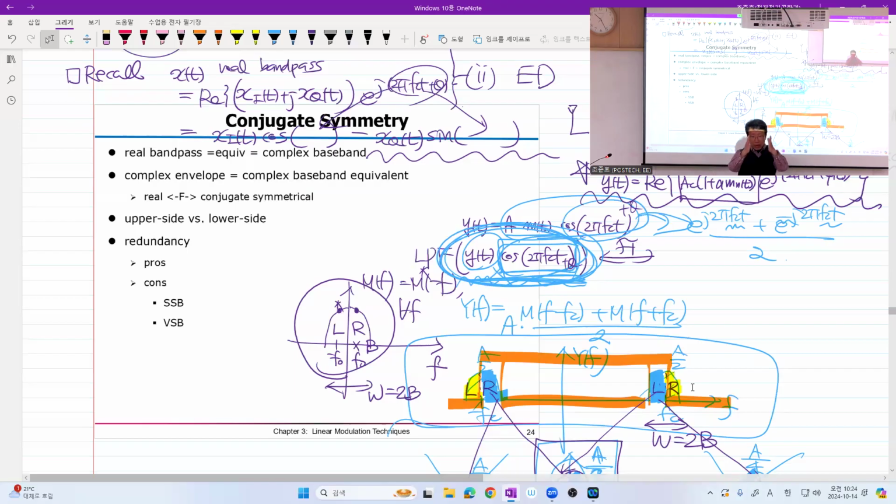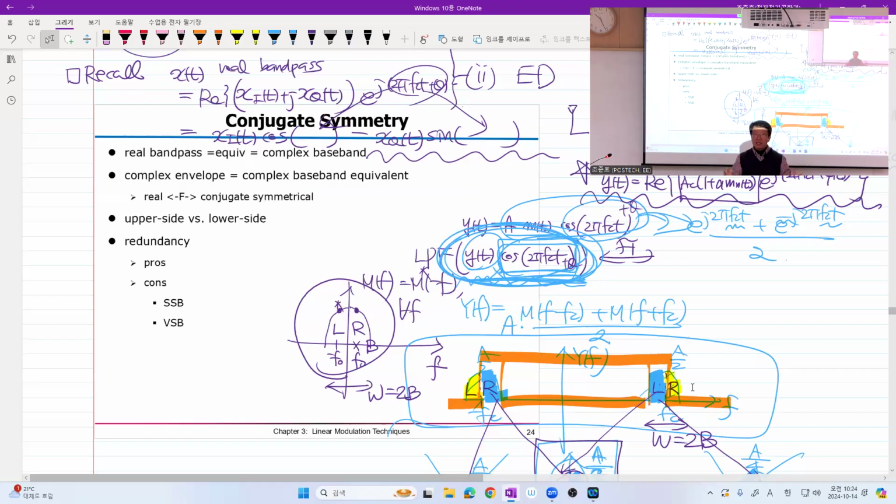Now, radio frequency is a very, very important resource for radio communication. If you can reduce it into half, you may save $1 trillion, for example, in 6G communications. So same performance, but half the bandwidth.